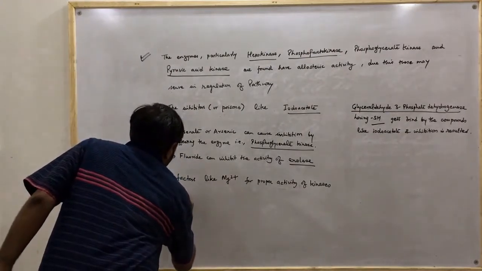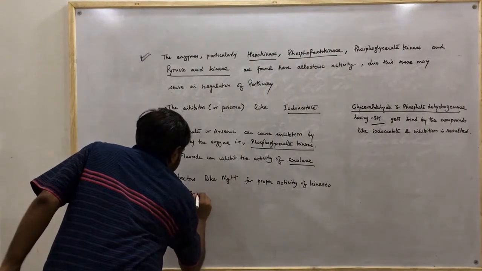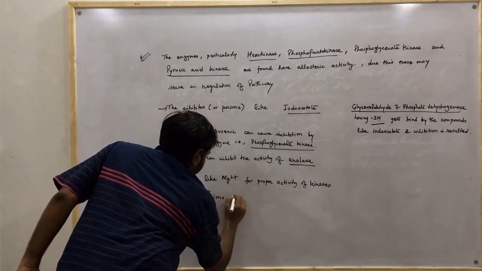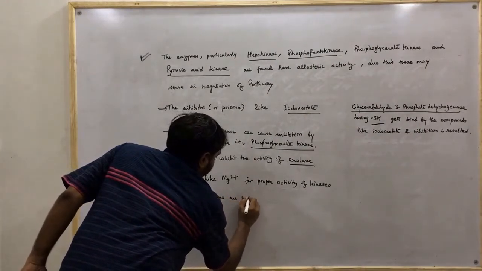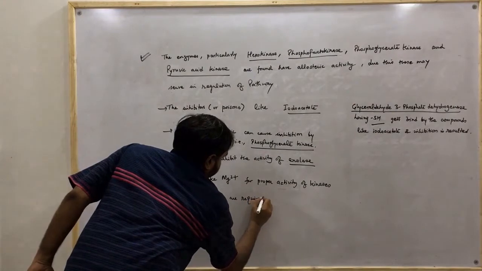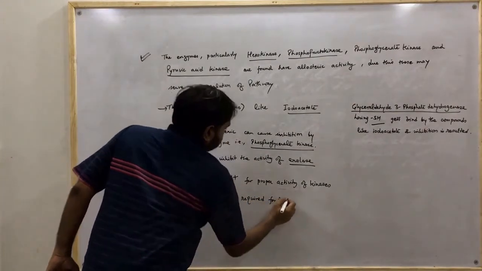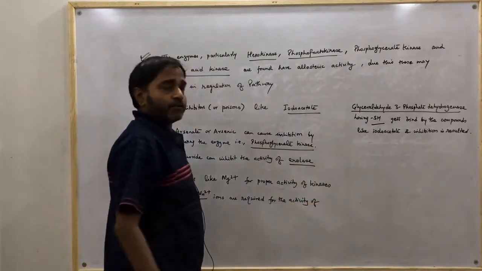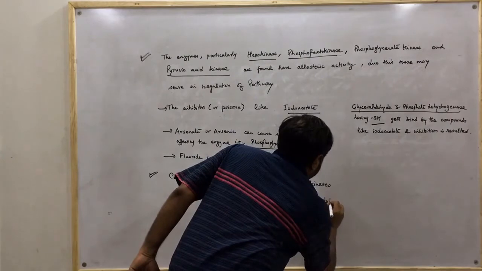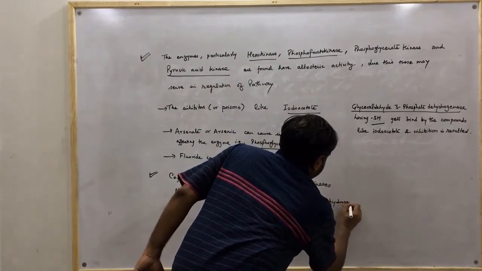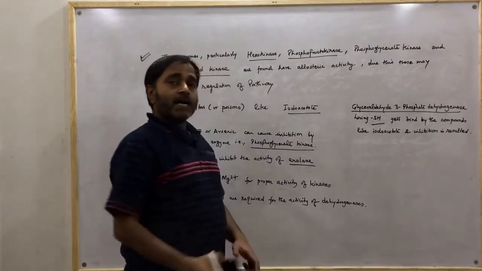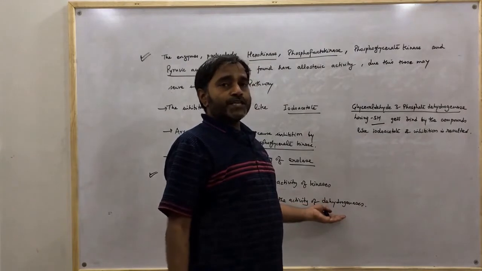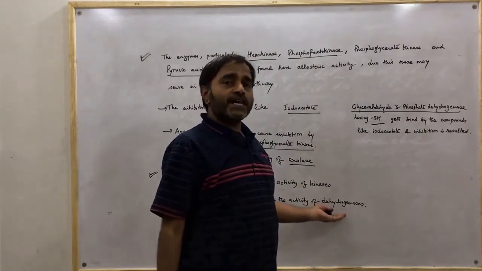Likewise, manganese ions, together with magnesium, are required for the activity of dehydrogenases. That is an oxidoreductase type enzyme, as you have seen with glyceraldehyde 3-phosphate dehydrogenase.